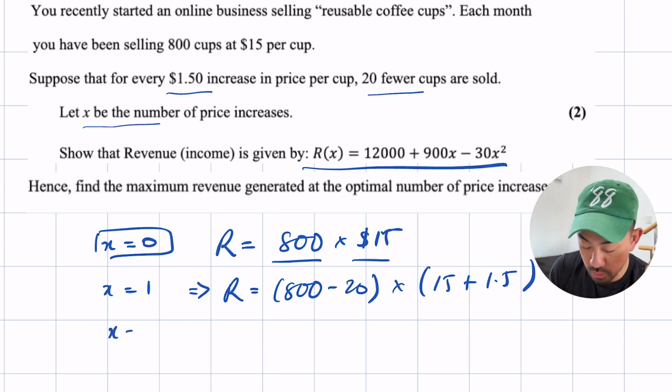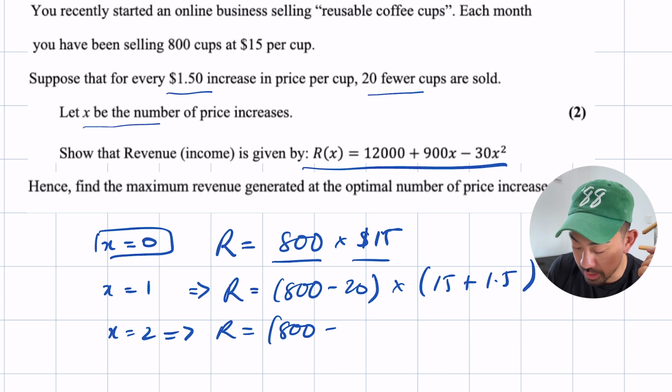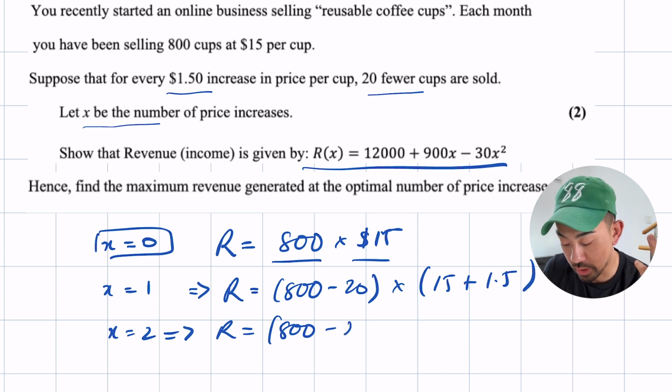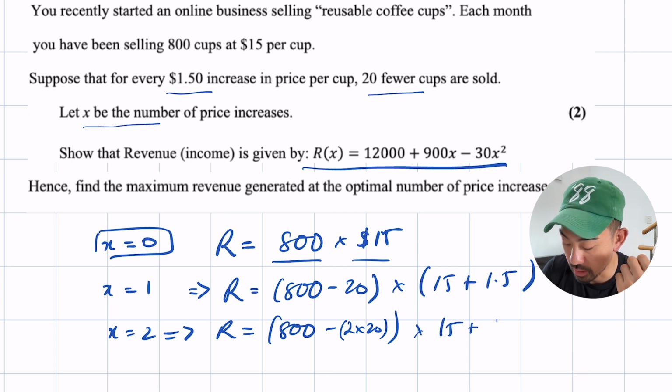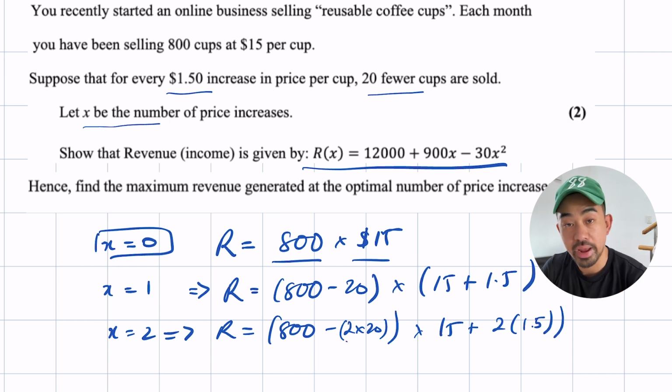Now X equals 2, what's this going to be? This will be 800 minus 2 times 20, because now you've got 40 cups less, times 15 plus 2 times 1.5. So now I'm starting to see the pattern.